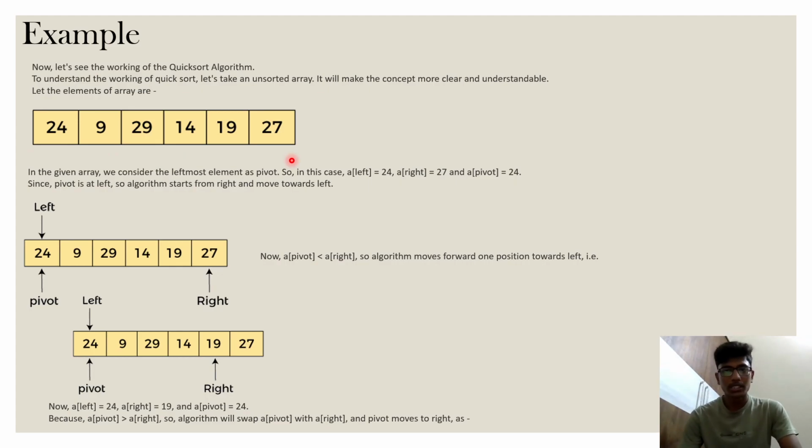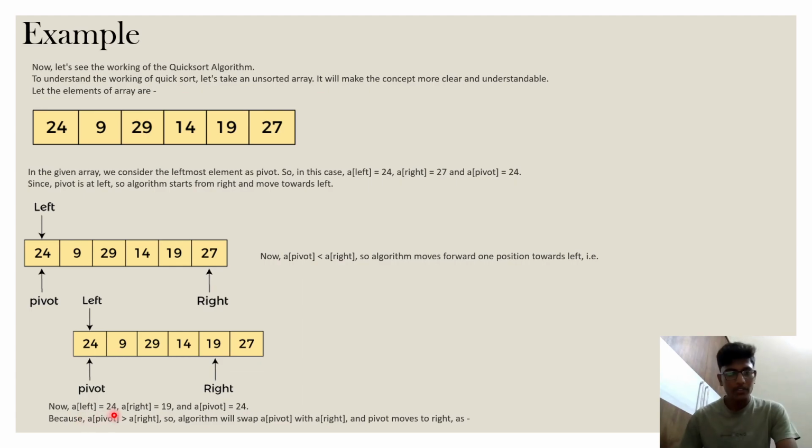So in this case, A of left equal to 24, A of right equal to 27, A of pivot equal to 24. Now A of pivot is less than A of right, so right moves forward one position towards the left.